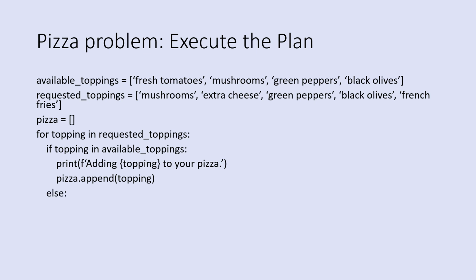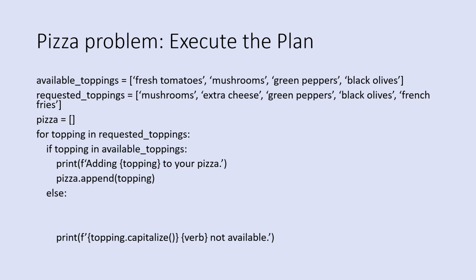On the other hand, if the topping is not available, so if topping in available toppings is a false value, if it comes back as false, then we want to print out something that says that that topping is not available, or if that's a plural term, we want to say that those things are not available.